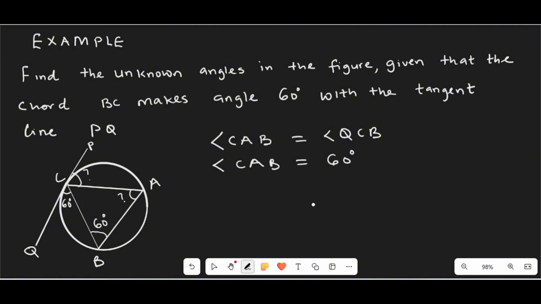Also, we can say that our angle PCA is equal to CBA by the alternate segment theorem. Angle PCA equals angle CBA, and our angle CBA is 60 degrees, so our angle PCA equals 60 degrees.